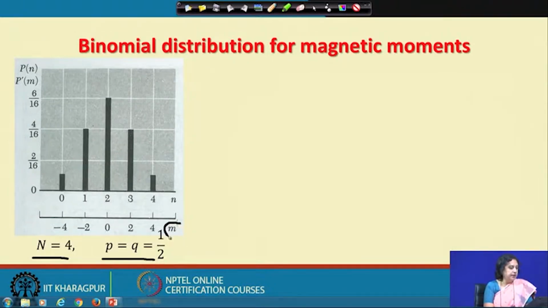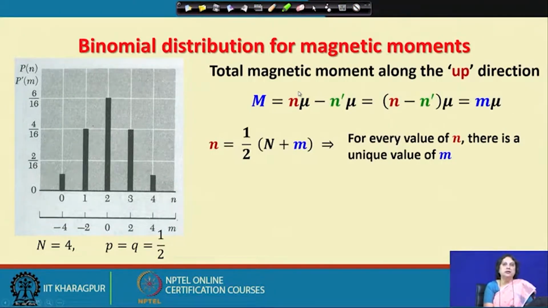the total magnetic moment of each state when the total magnetic moment of the system is measured. So, the way the total magnetic moment is defined is capital M, that is equal to the number of up spins multiplied by the contribution to the magnetic moment that they make, plus the number of down spins multiplied by the contribution of minus mu that they make.